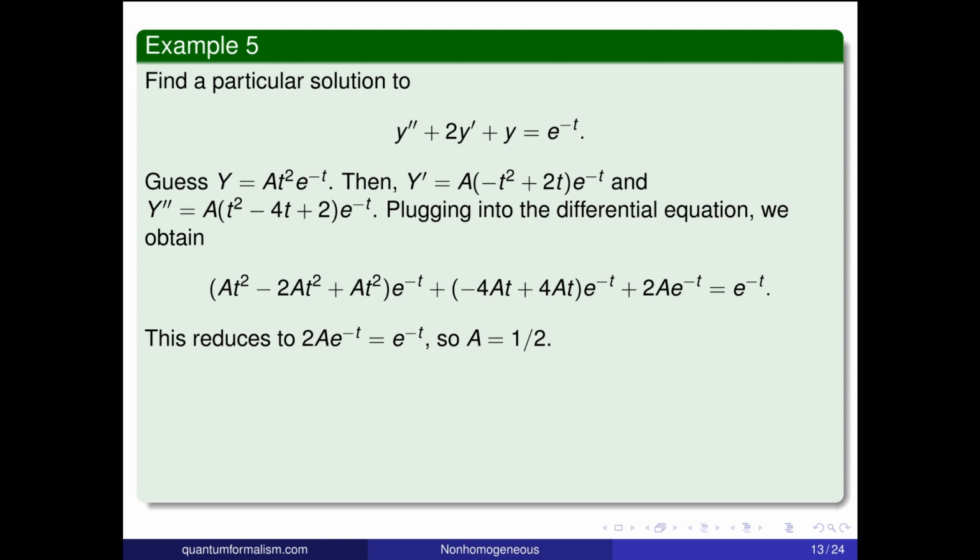Okay, so guessing a t squared e to the minus t, we'll need to do some product rule again to get the derivatives. So leaving the t squared alone, taking the derivative of e to the minus t, we'll pick up this minus t squared term. Then taking the derivative of t squared, we get 2t, and leaving the e to the minus t alone, we'll have that.